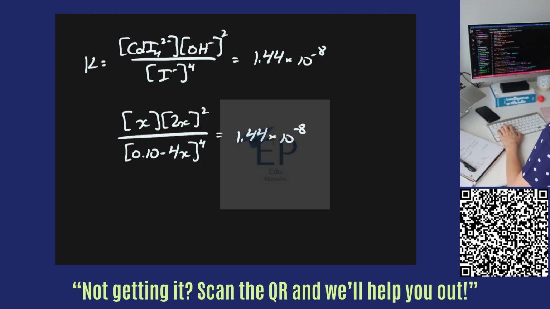Solving this for x would yield 7.14 times 10 to the negative 5.